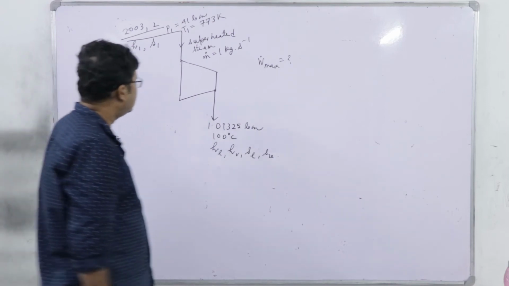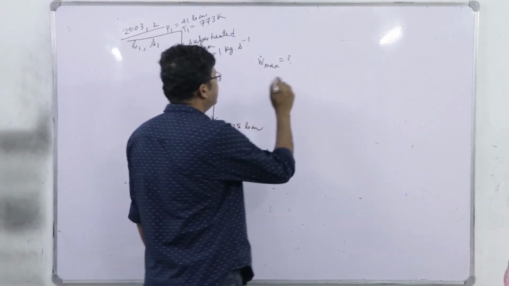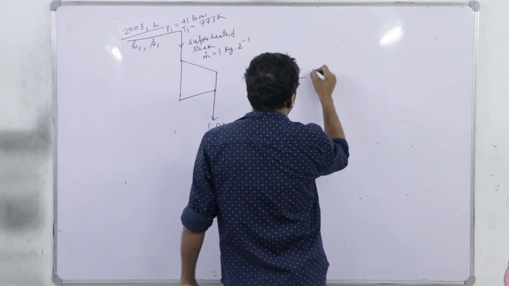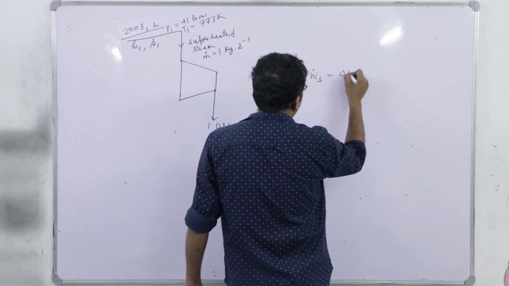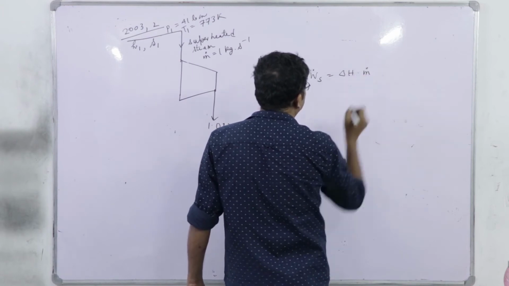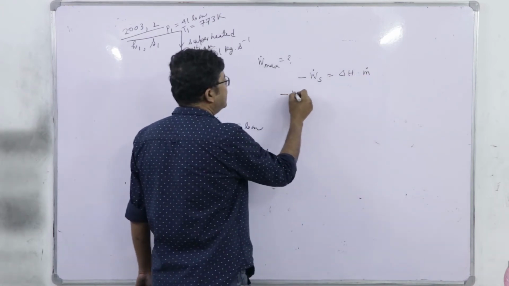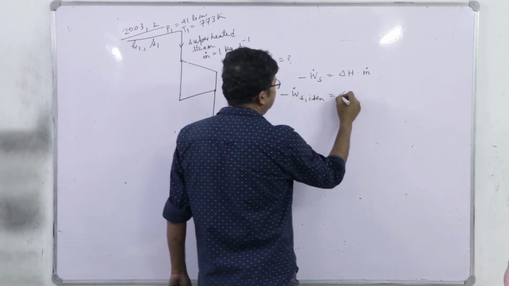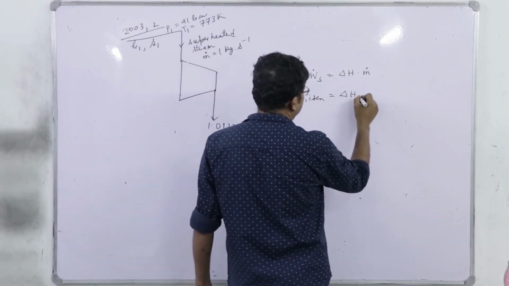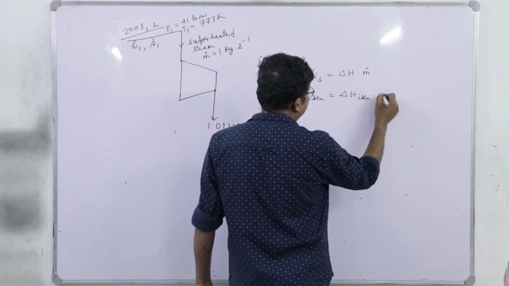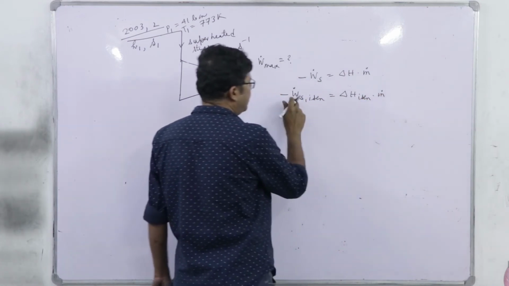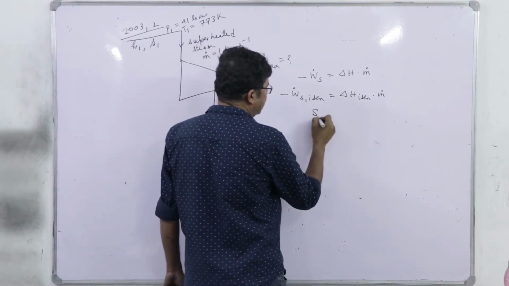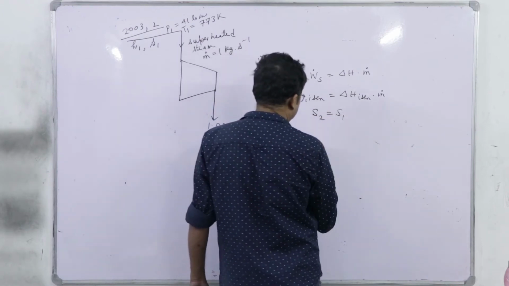So, you see that here we know that minus of W dot S is equal to delta H into m dot, and from there we know that if it is an isentropic expansion, then the work generated will be maximum. Right. So, we have to work with that equation, and isentropic means S2 is equal to S1.